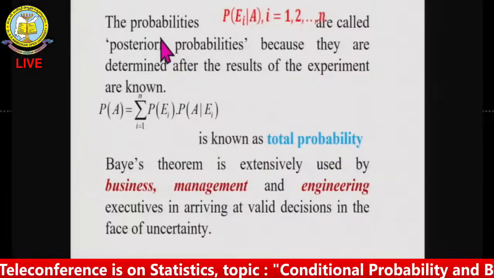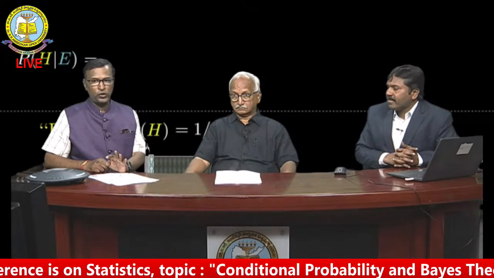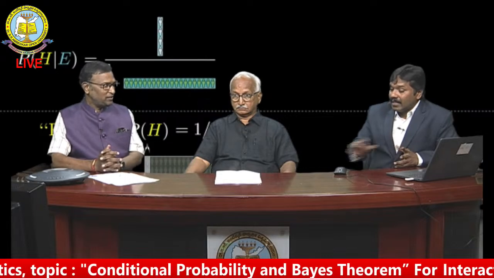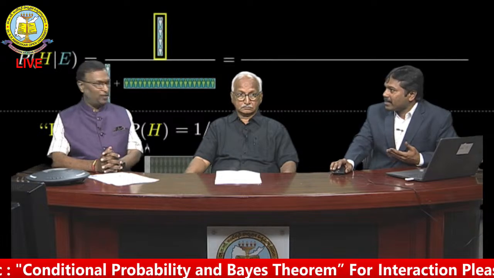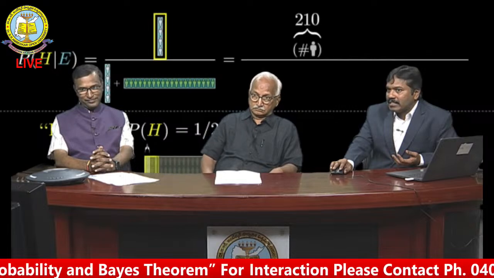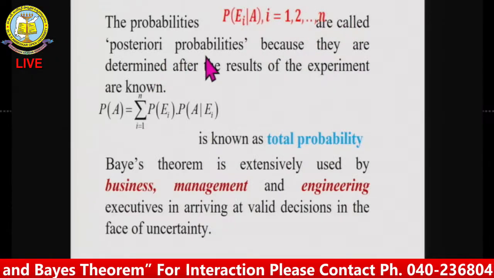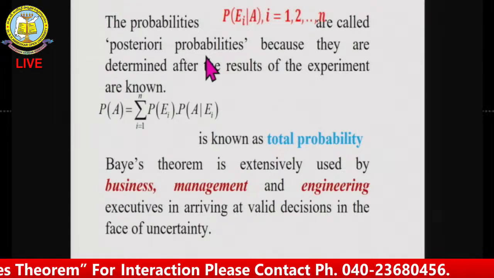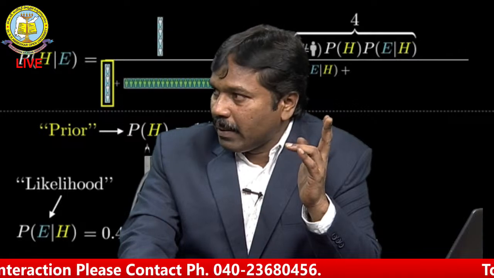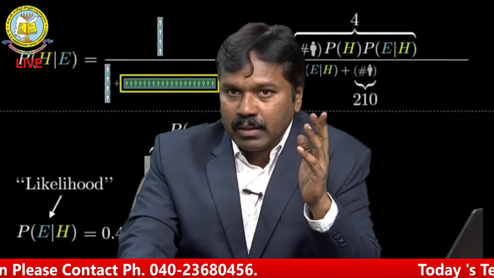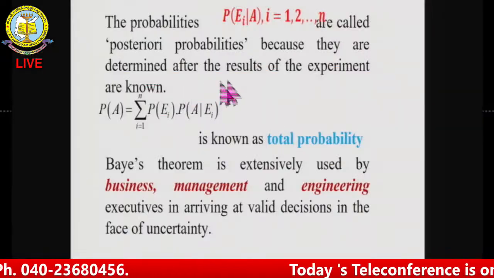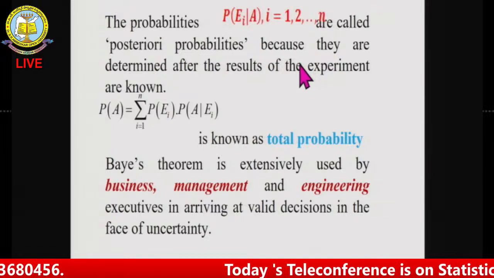Sir, you have written P of Ei given A for i equal to 1 to n, and in the earlier slide you have P of A given Ei. What is the difference? I already said: likelihoods and a priori probabilities. Then the probability of Ei given A, where i takes values 1 to n, is called posterior probabilities, because they are determined after the results of the experiment are known.